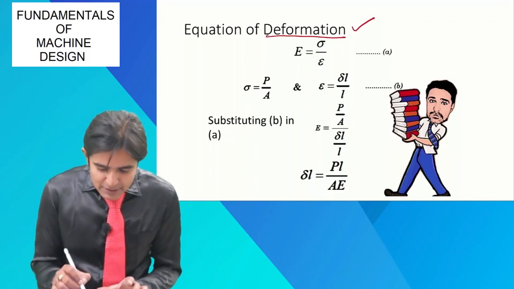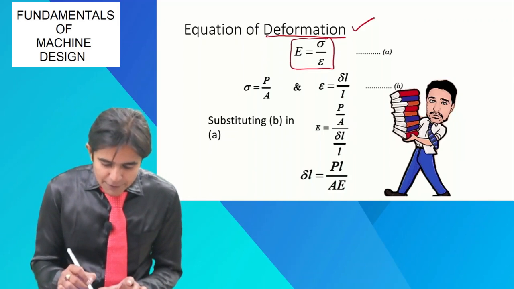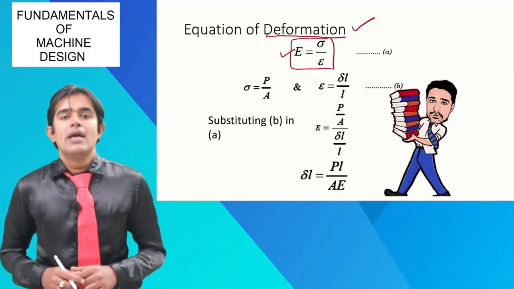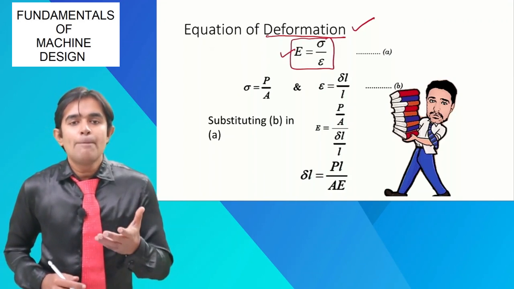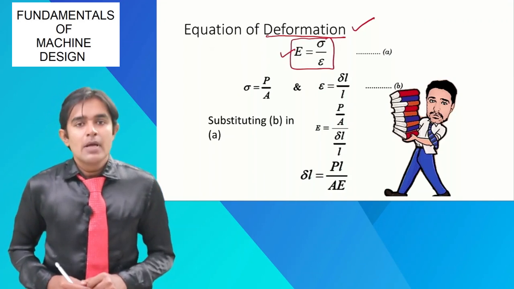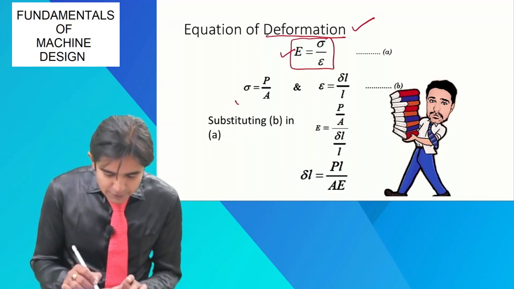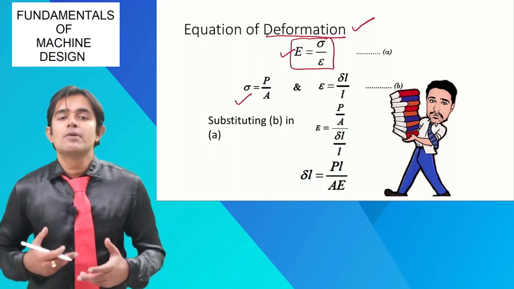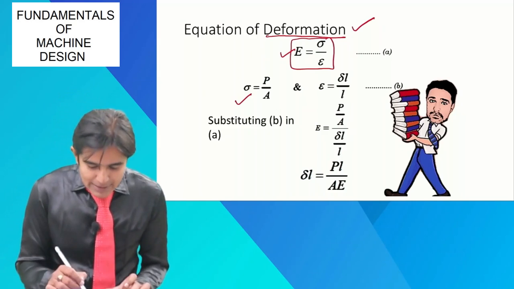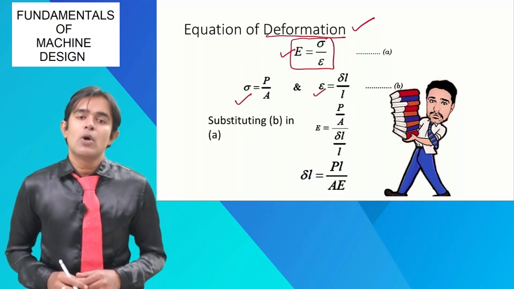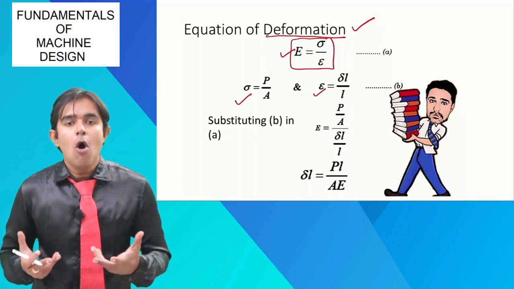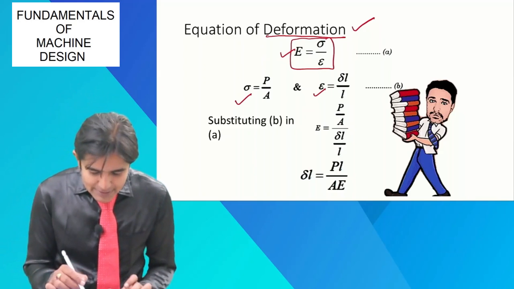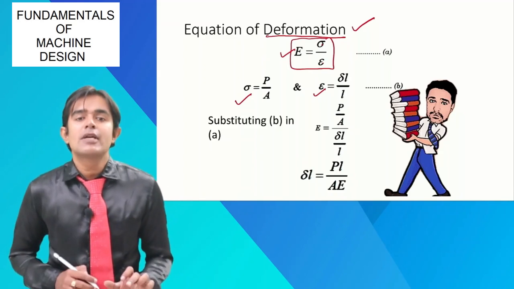In the previous slides, we have discussed modulus of elasticity E is stress sigma upon strain epsilon. We have also discussed in the first few slides that stress is force upon area and linear strain is delta L upon L. Hooke's law or modulus of elasticity states stress upon strain.